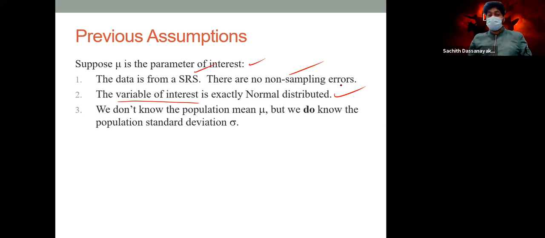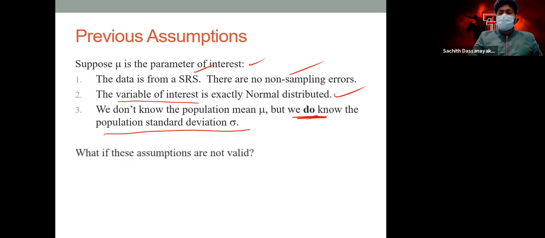Third, we know the population standard deviation sigma. These three we assume.